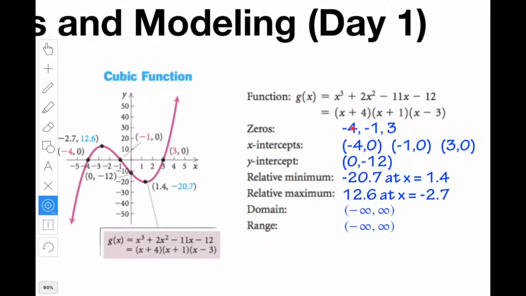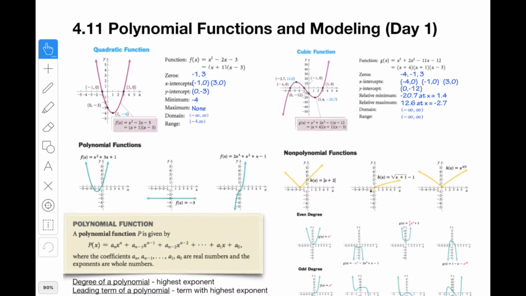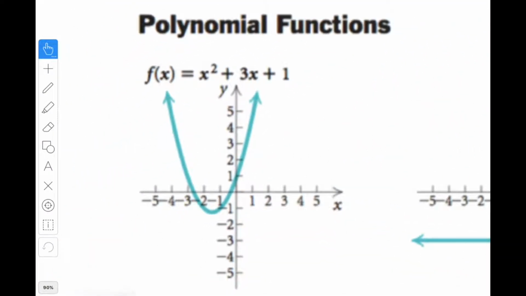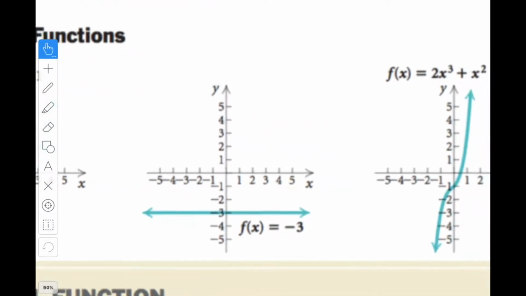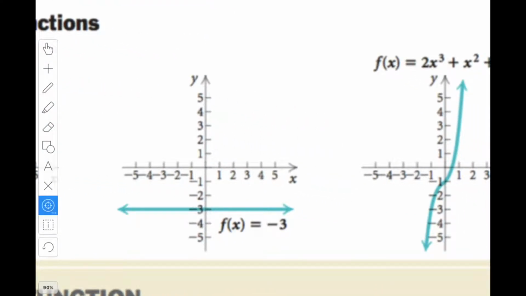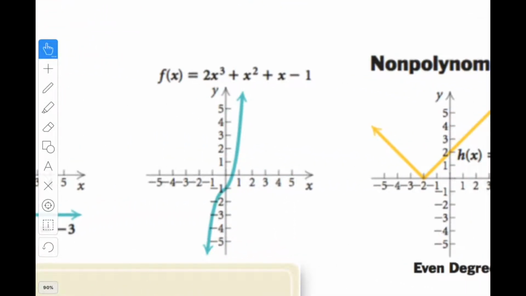These are two different examples of polynomial functions. Here's a polynomial function, here's another polynomial function, because it's made up of a polynomial. Here's another polynomial function. You can see here we've got a polynomial, and when you graph it, it's a polynomial function.